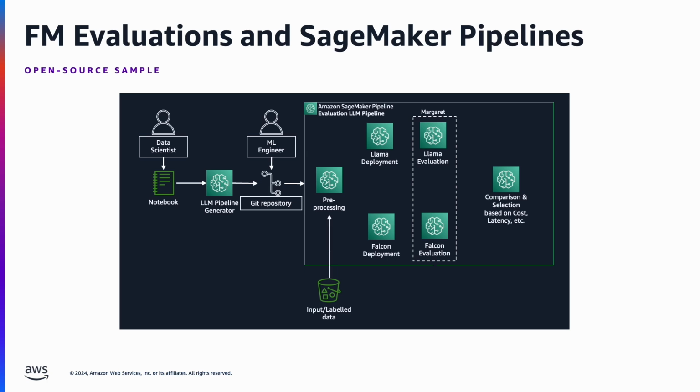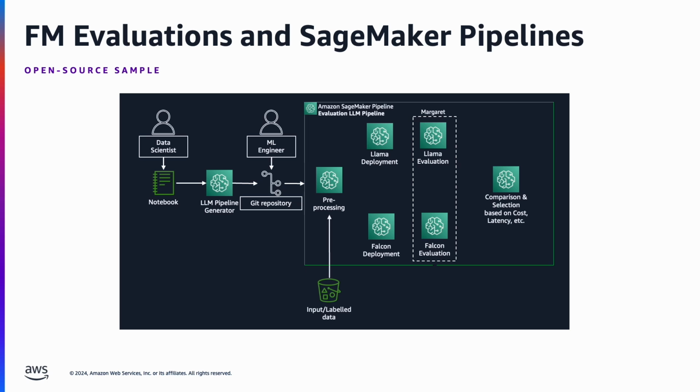So let's say I'm a data scientist. As a data scientist, I primarily interact with my notebook. For example, I'm going to be in a Jupyter Notebook running a couple tests. My ML engineer is going to take the notebook that I write and then format that into a more robust repository, which can enable all of this evaluation using pipelines.